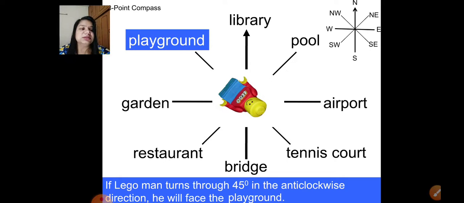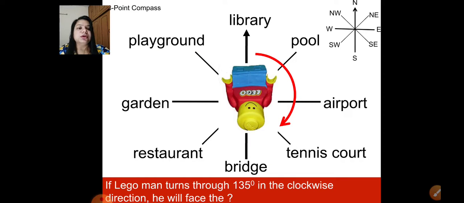So you can see that direction is most important, in which direction you are moving, clockwise or anti-clockwise. Clockwise direction, again in which direction the clock is moving. You can remember this thing. Now if he has to turn 135 degree angle in clockwise direction, 135 means 45 plus 45 plus 45, or you can say 90 degree plus 45 degree.